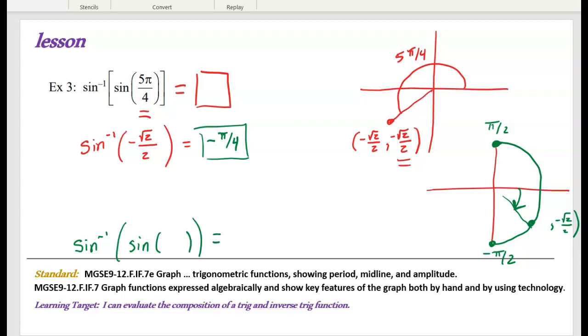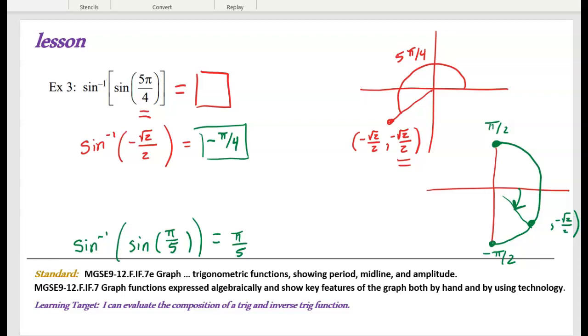If I put an angle in here, that's any one of these angles, so let's say it could even be pi over 5, which I don't even know what pi over 5 looks like, but I know that pi over 5 is between these two angles, then these will undo each other, and my answer will simply be pi over 5. That's the beauty.